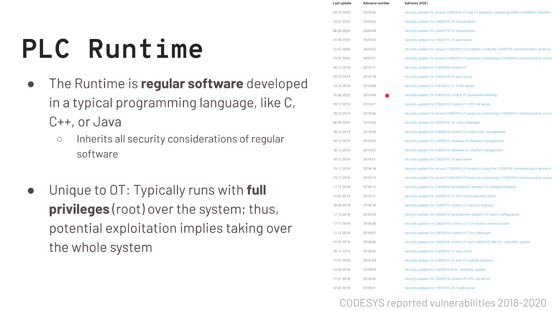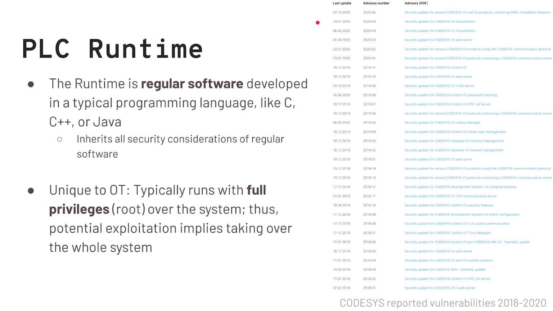I have an example here in Codesys, how many vulnerabilities have been reported for the runtime directly. So not for other parts of the framework, or of the environment, but for the runtime directly. So you can see from 2018 to 2020 how many security updates have appeared for the Codesys environment.